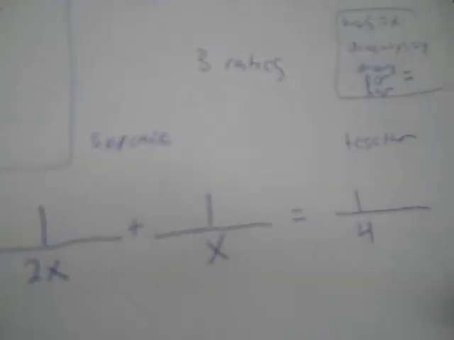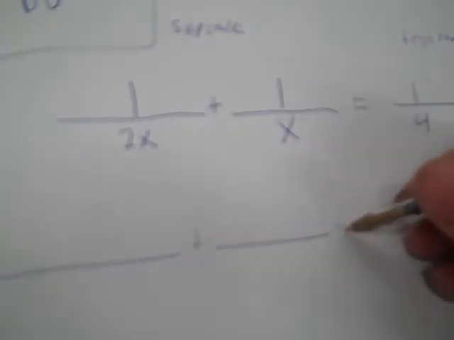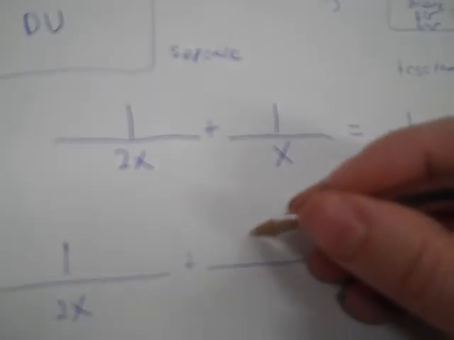Okay, now as we said, we have 3 ratios, so I'm going to put LCD right there and then make my 3 new ones. Okay, nothing really needs a parentheses, so I just can drop everything down the way it is. Whoops, my bad.